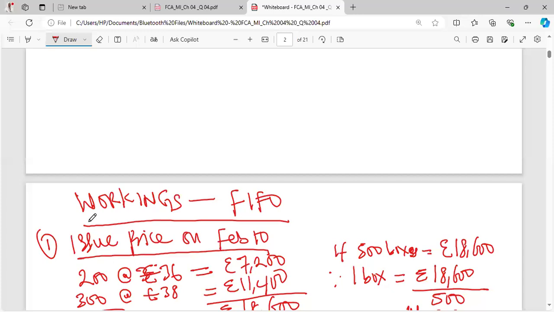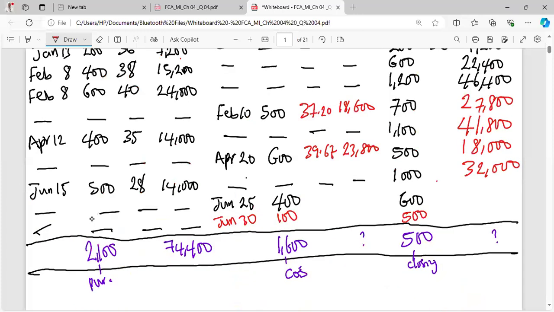34.67. 20,800. So this will become 34.67. This will be 20,800. So we'll remove that from 32,000.